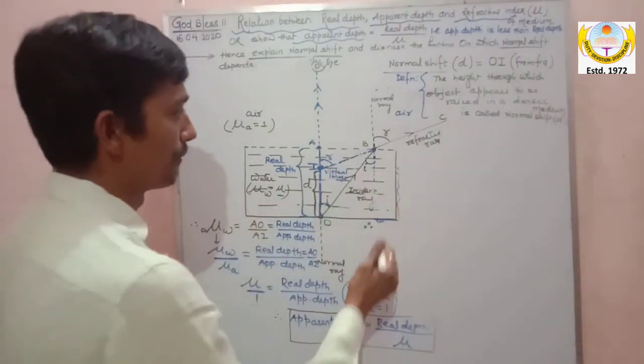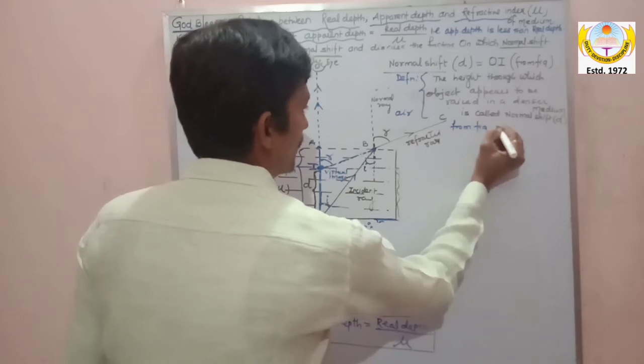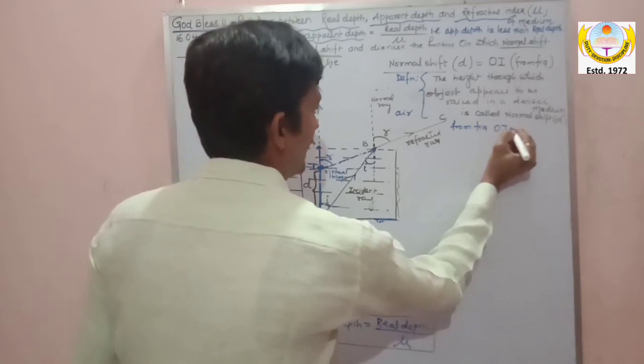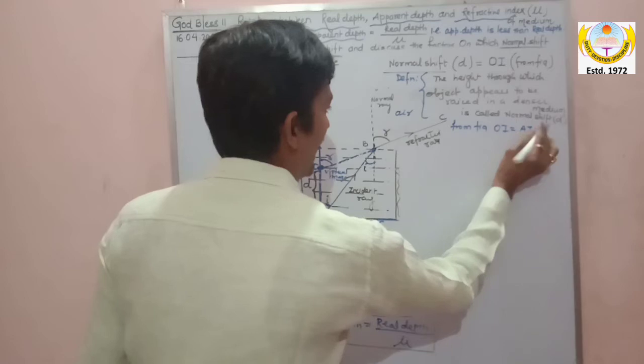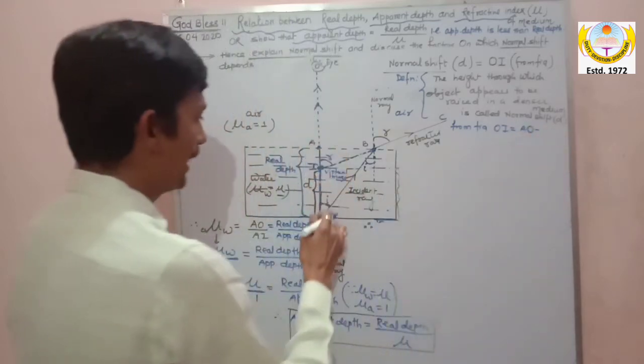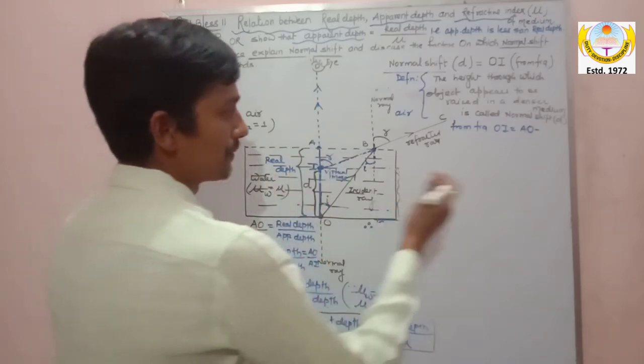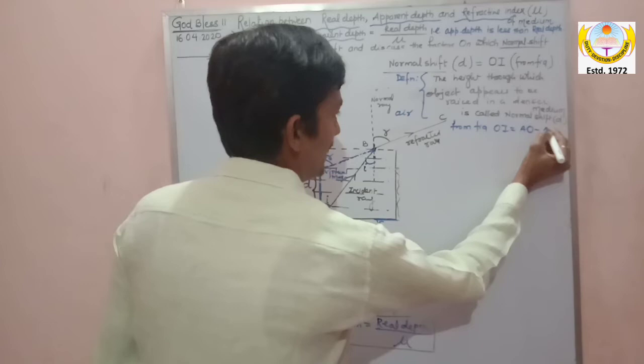It's called normal shift. So my dear, from the figure, I am sure OI is nothing but AO minus AI.